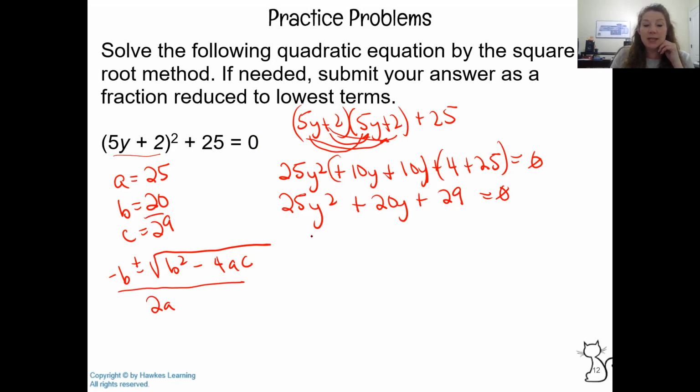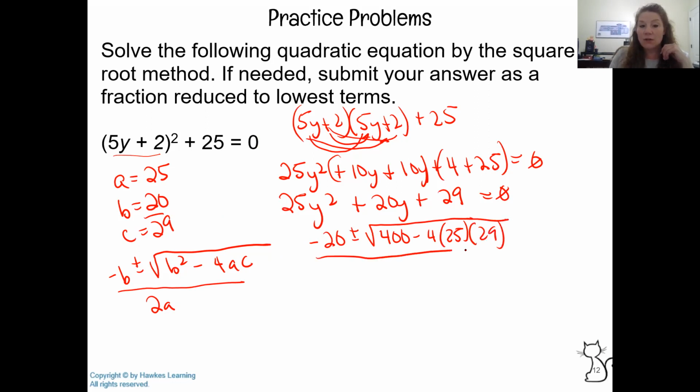So the opposite of b would be negative 20 plus and minus the square root of 20 squared. So I think that's 20 times 20, 400, minus 4 times 25 times c, all over 2a. So 2 times 25.